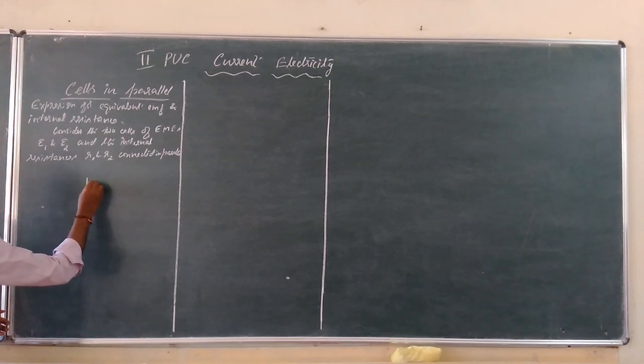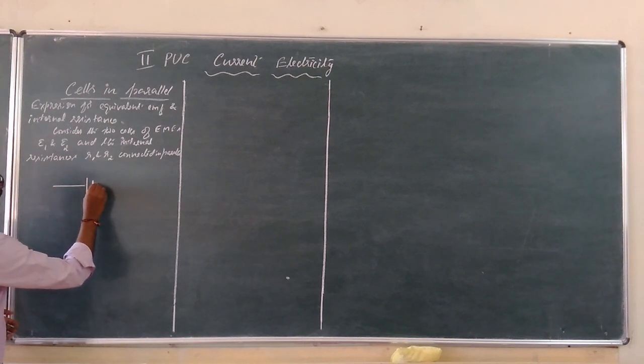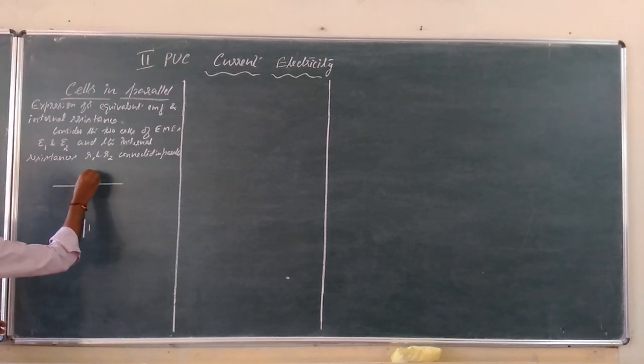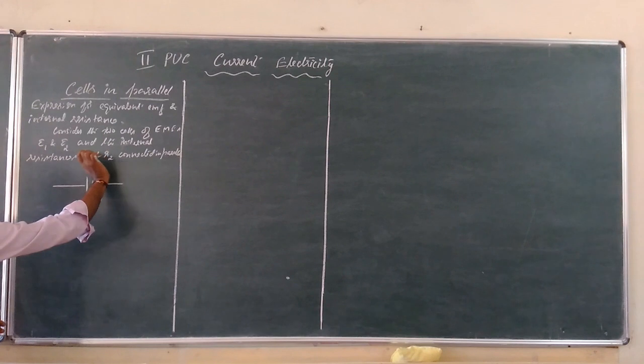So this is the first cell, this is the second cell. This is the first cell of EMF E1 and internal resistance R1.